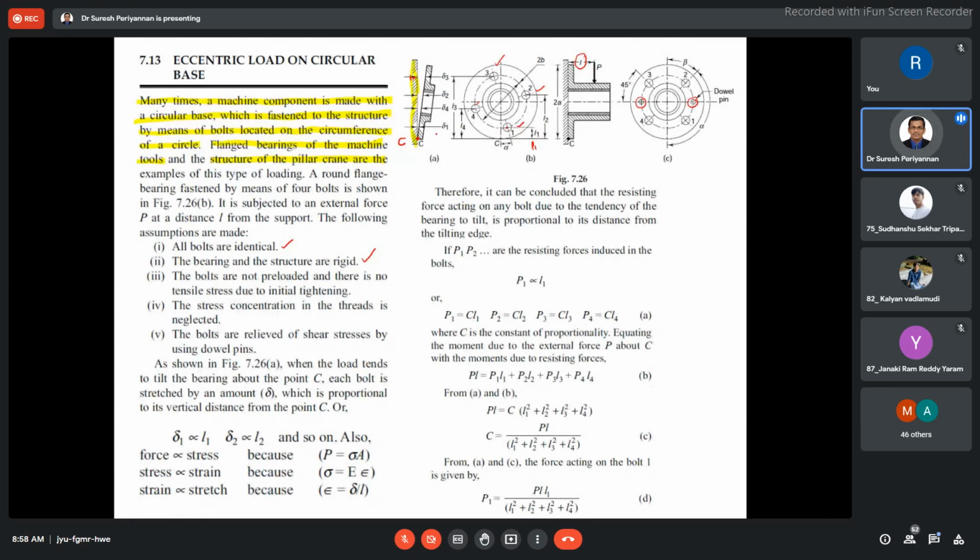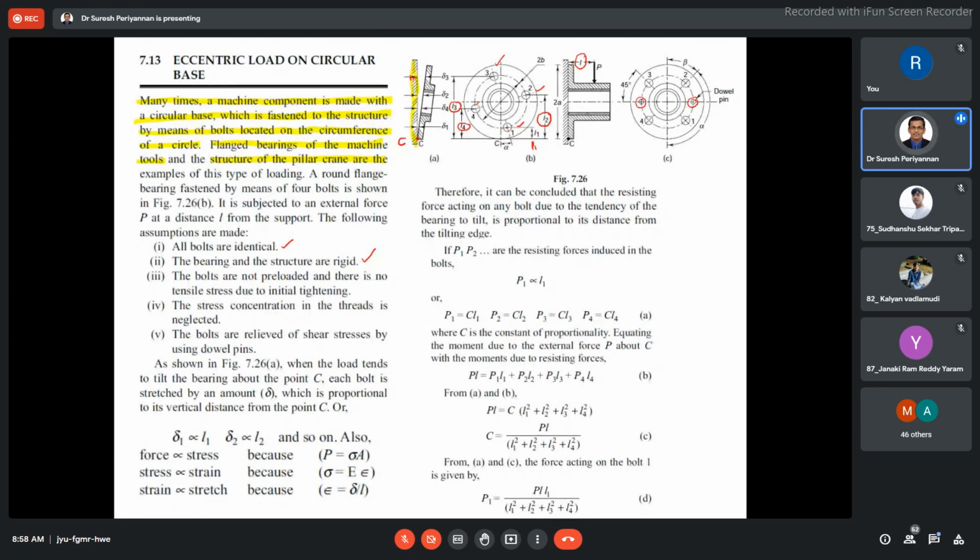The vertical distance from point C to bolt 1 is L1, to bolt 2 is L2, to bolt 3 is L3, and to bolt 4 is L4. These are the important information while designing the bolt.